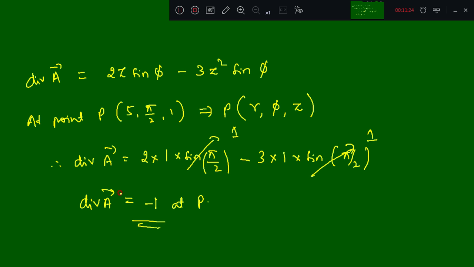Go through these two problems. In the next class we will go to Maxwell's first equation, and that first equation is not there for your IA. So up to this much you study for the IA. If you want, I will give you one homework problem.